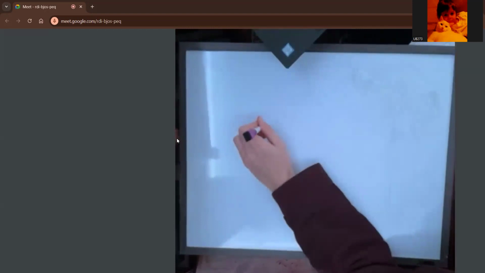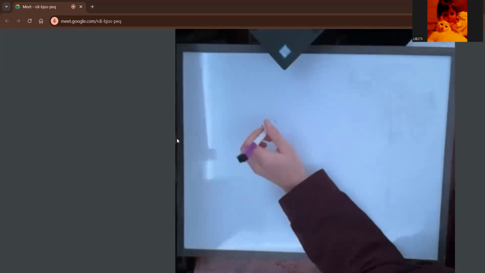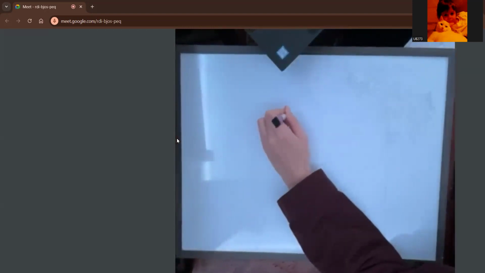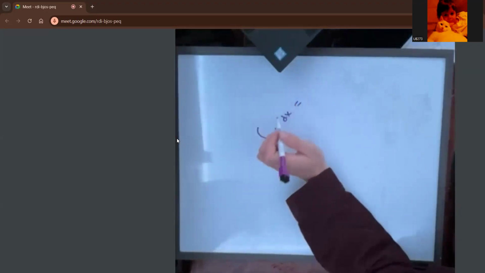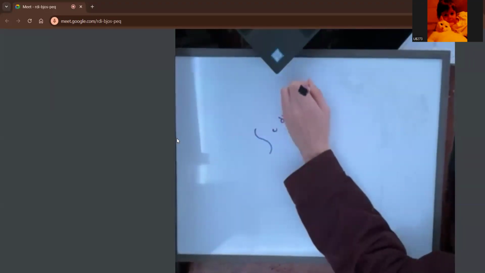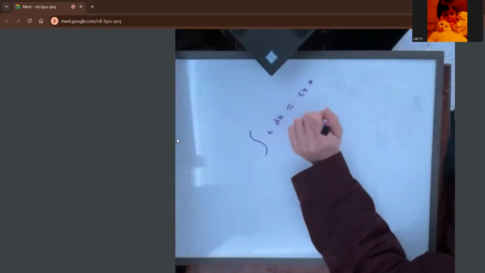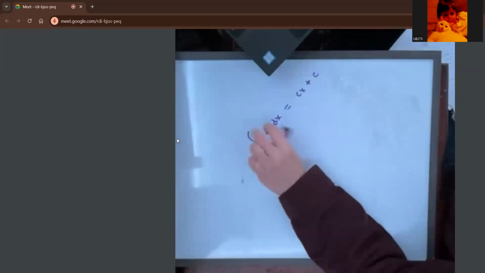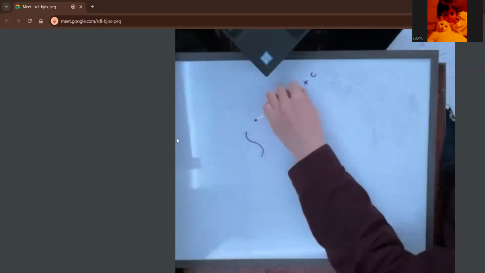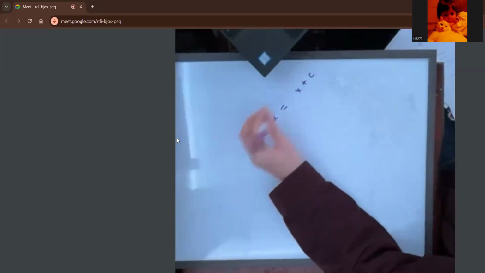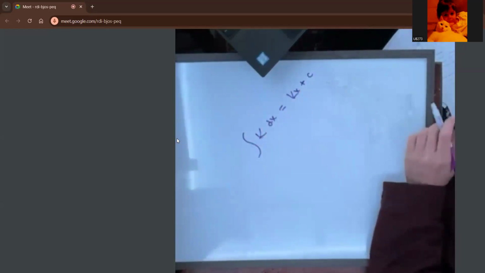So let's start out with, what if we have the integral of a constant? That's going to be that constant, you put an x with it, and then plus c. Maybe c wasn't a good letter to use. Let's just do k, integral of a constant, kx plus c.